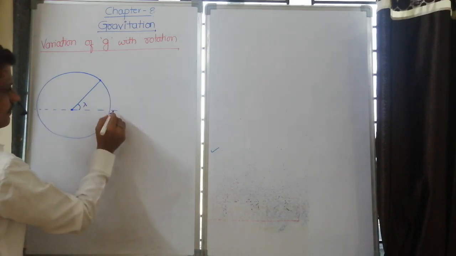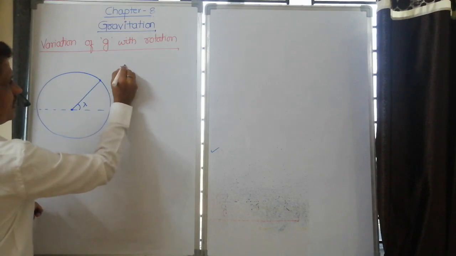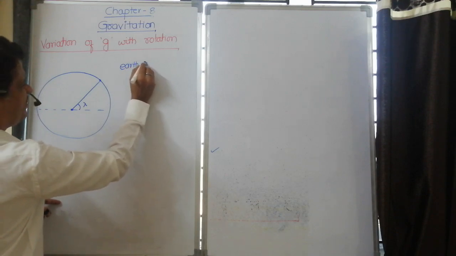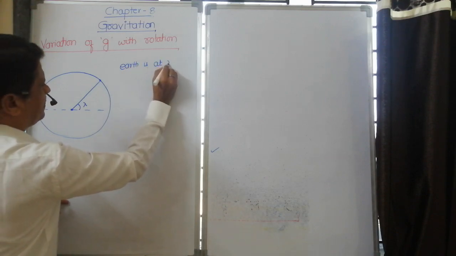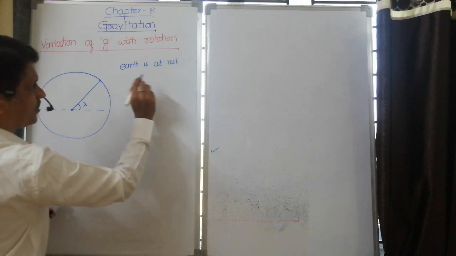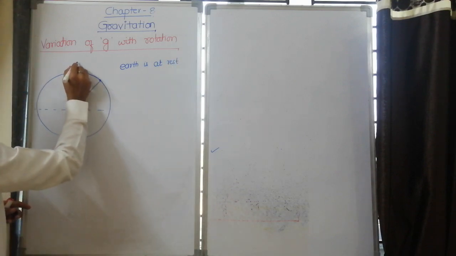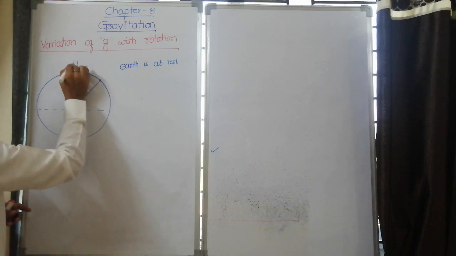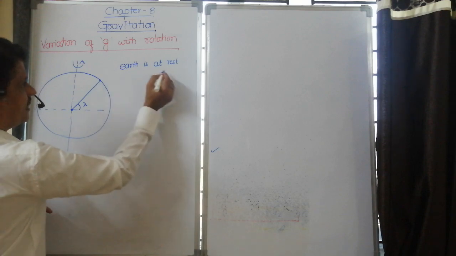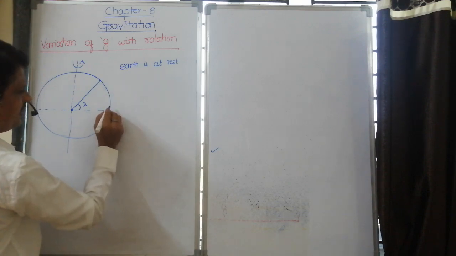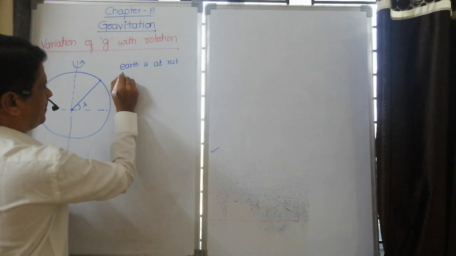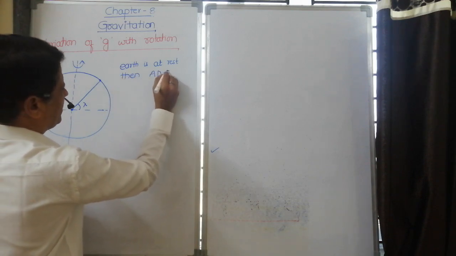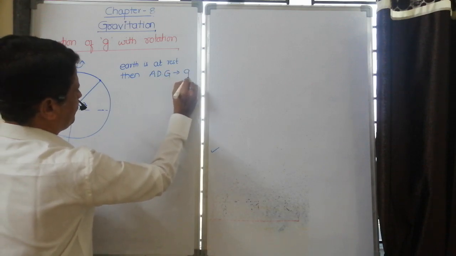In theory we derived, suppose when earth is at rest, not rotating about its own axis, then acceleration due to gravity is g.